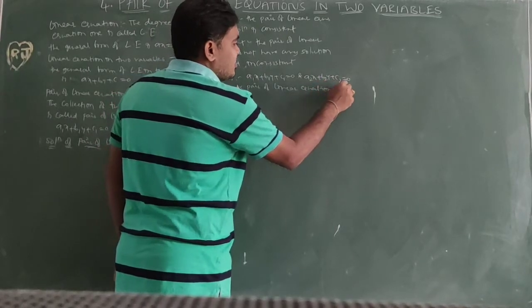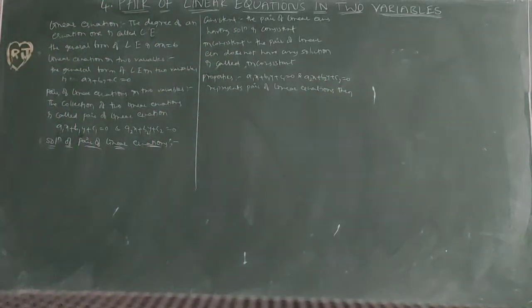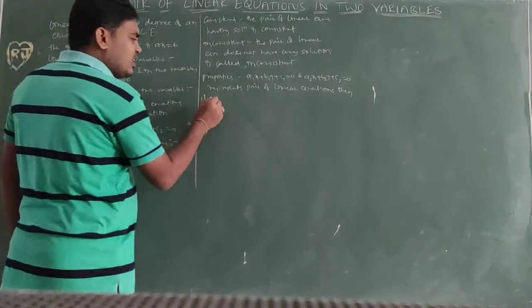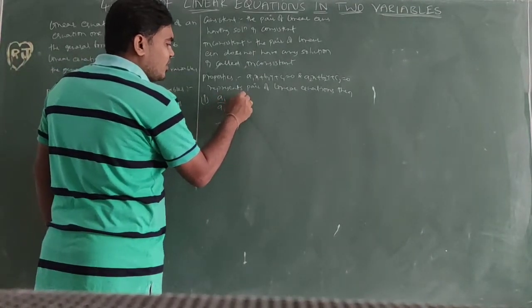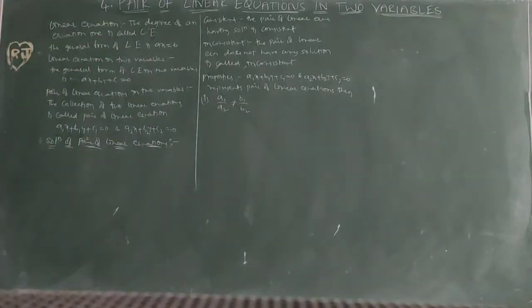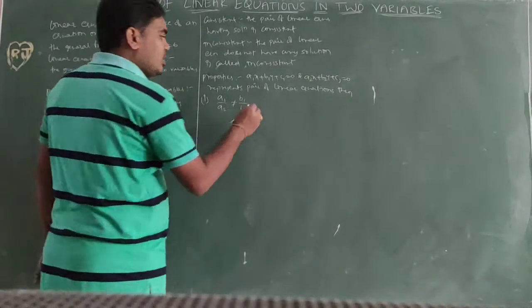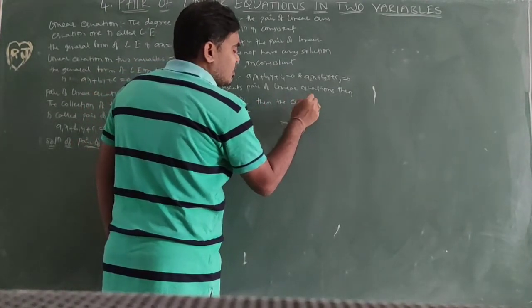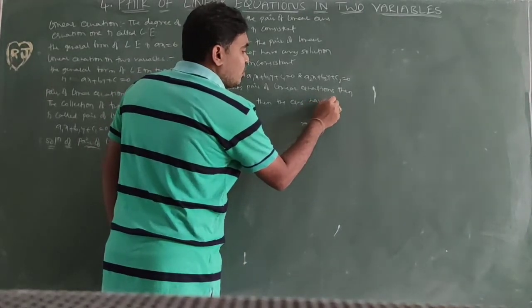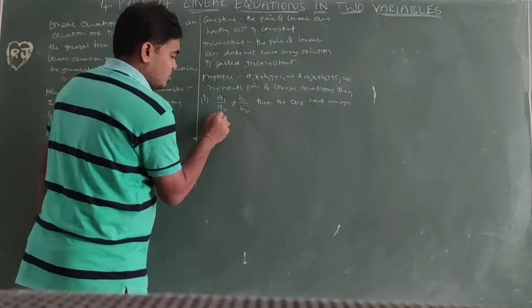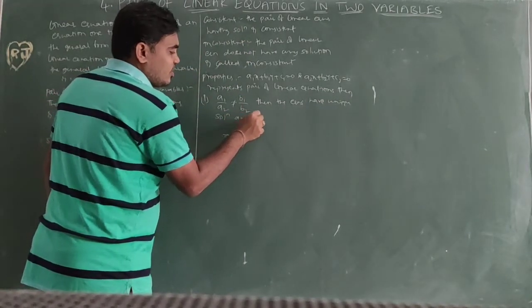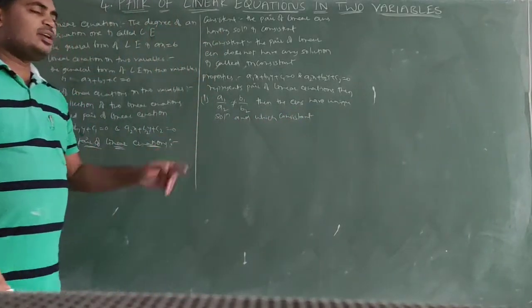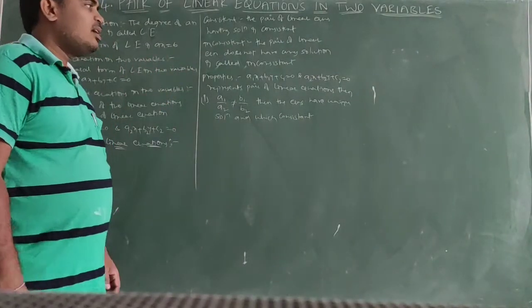If a1 by a2 is not equal to b1 by b2, then the system of equations has a unique solution and is consistent.